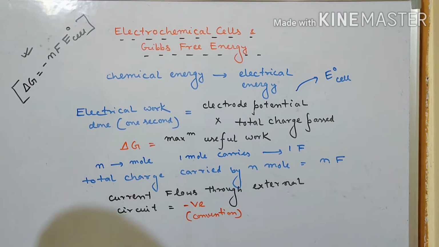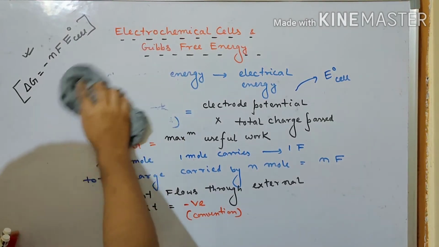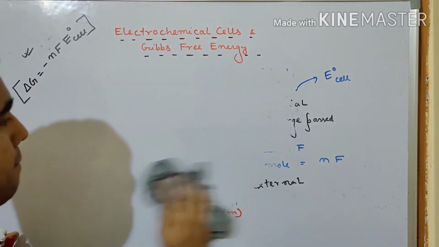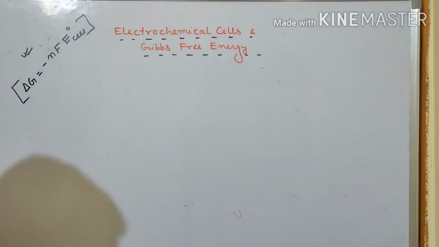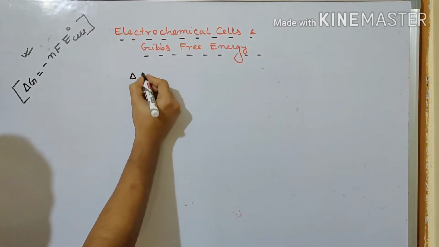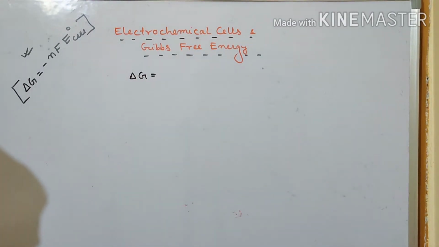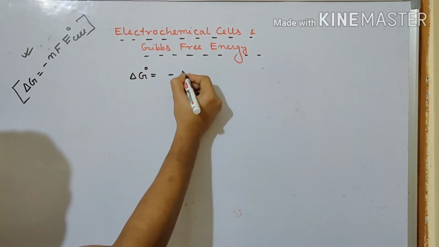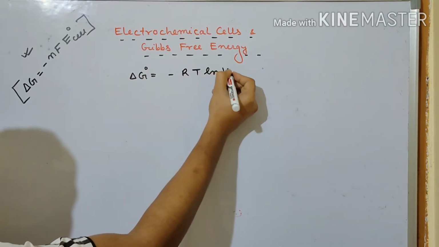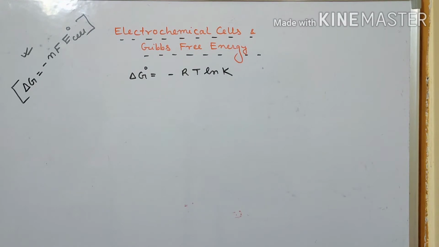This formula will be very, very handy, and along with this formula, we already know delta G0 is equal to minus RT ln K. From the equilibrium chapter we have already seen that.